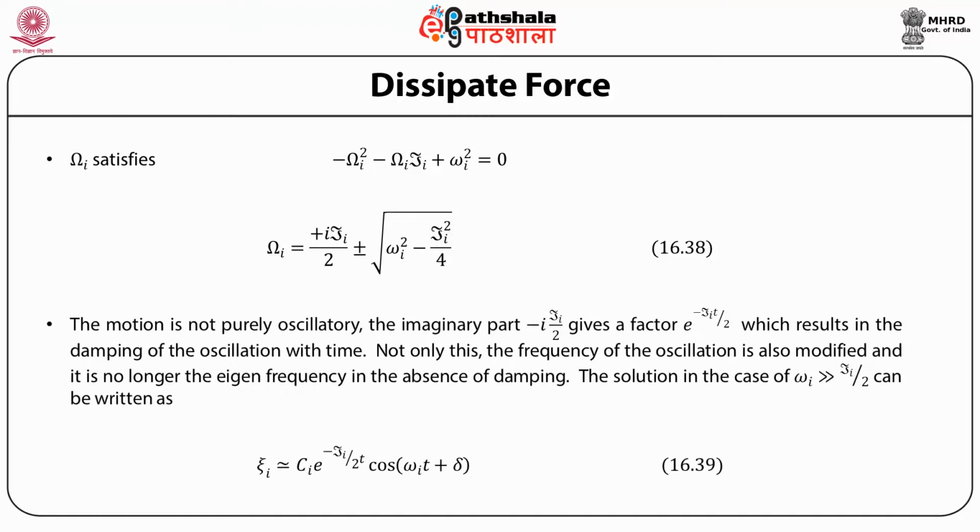The imaginary part, minus i F_i by 2, gives the factor of exponential minus F_i t by 2, which results in the damping of the oscillation with time. Not only this, the frequency of the oscillation is also modified and is no longer the eigenfrequency in the absence of damping. The solution in the case of omega_i much greater than F_i by 2 can be written as xi_i equals C_i exponential minus F_i by 2 t cosine of (omega_i t plus delta).